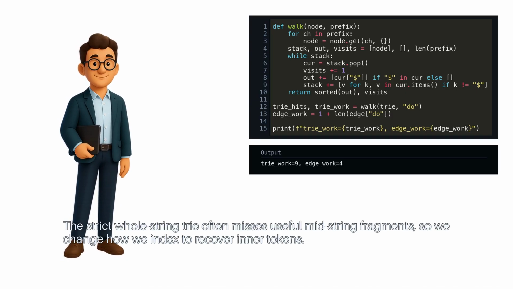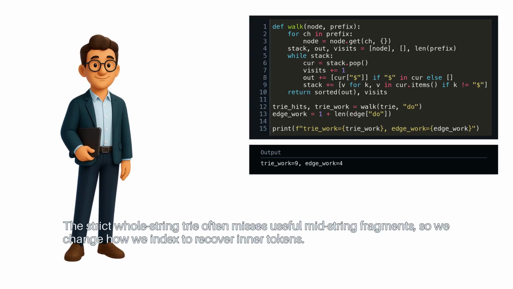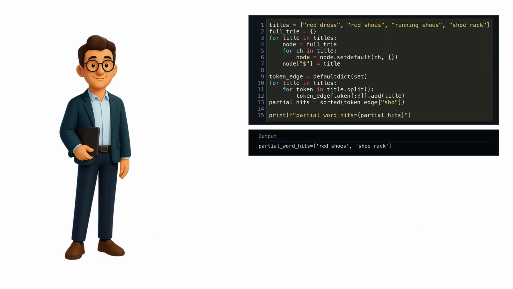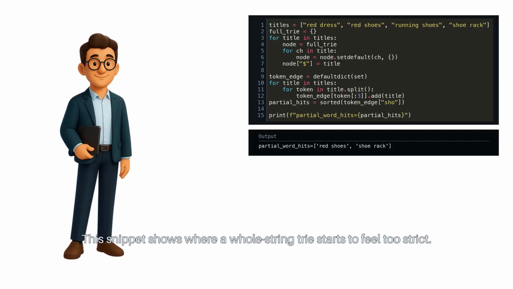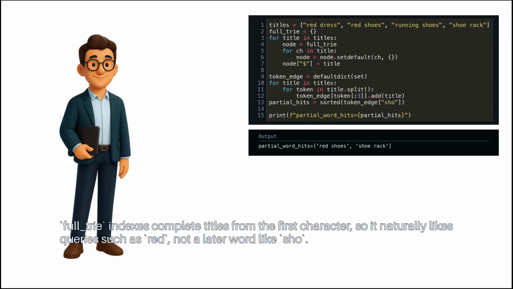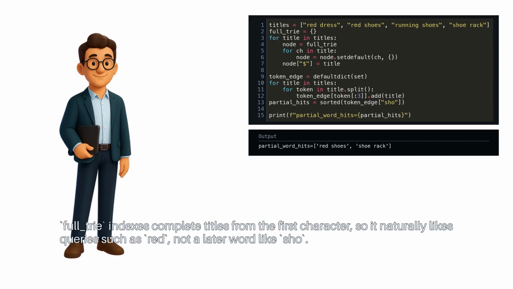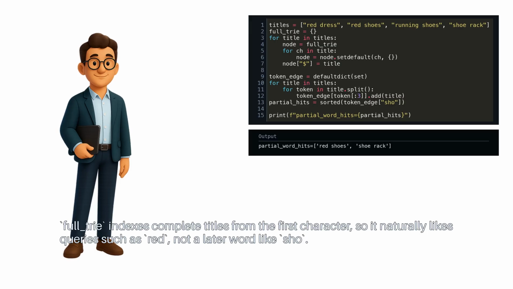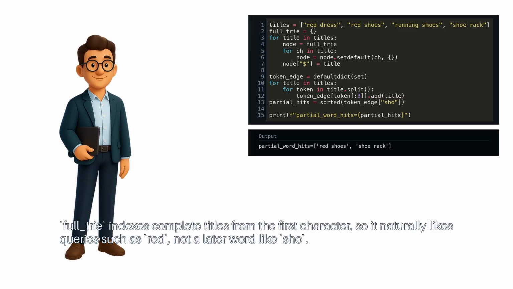The strict whole string trie often misses useful mid-string fragments, so we change how we index to recover inner tokens. This snippet shows where a whole string trie starts to feel too strict. Full trie indexes complete titles from the first character, so it naturally likes queries such as "read", not a later word like "show".